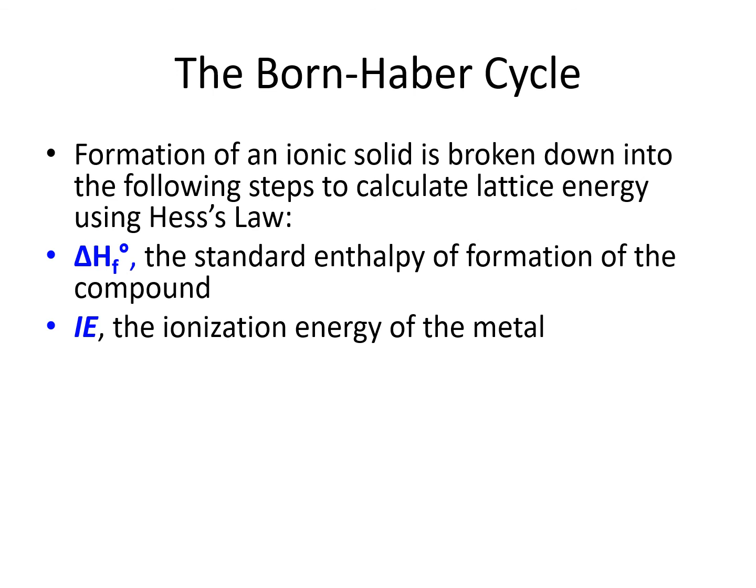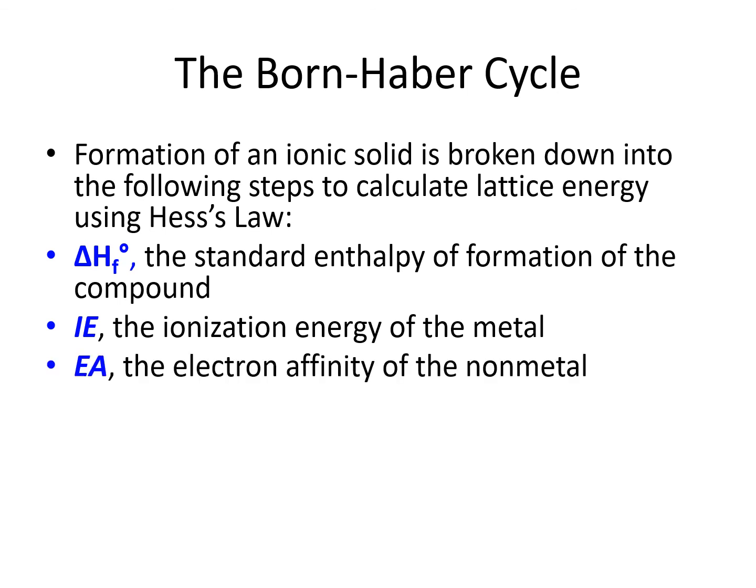Another one will be ionization energy of the metal. Remember, ionization energy is the energy required to remove an electron from an atom in the gas phase. Another one will be electron affinity, and that will be for the nonmetal. Remember, electron affinity is adding an electron to an atom in the gas phase.